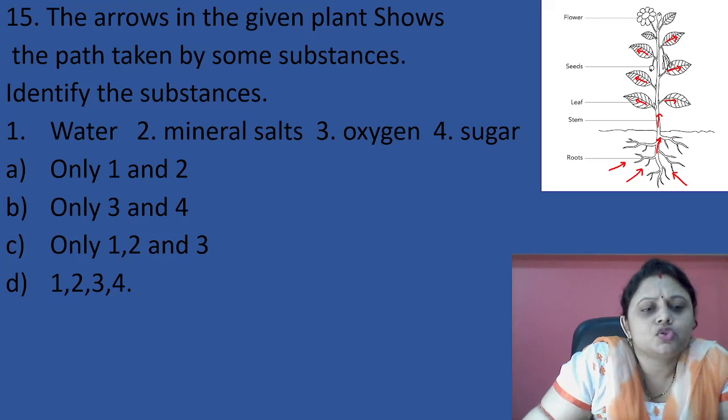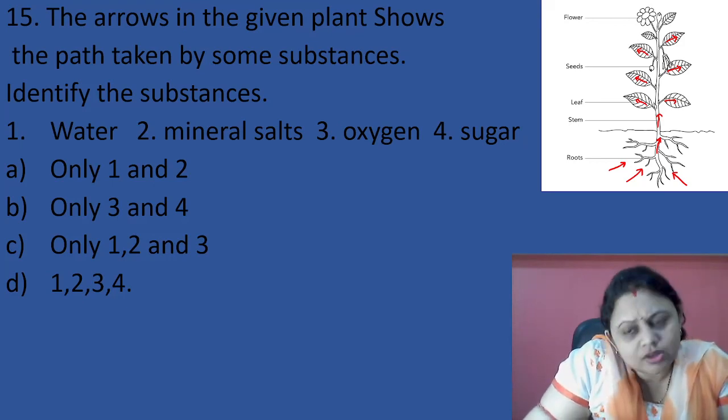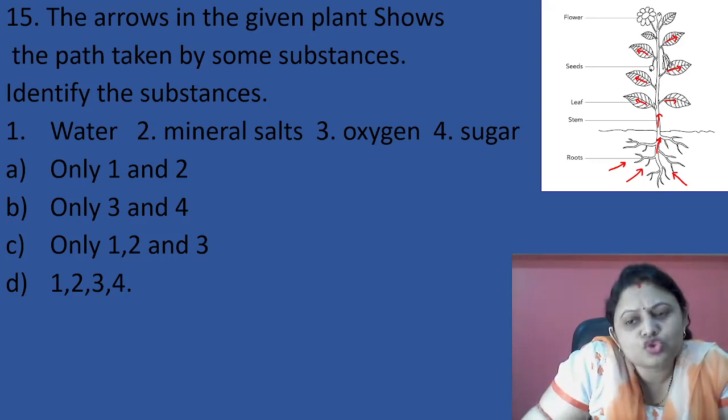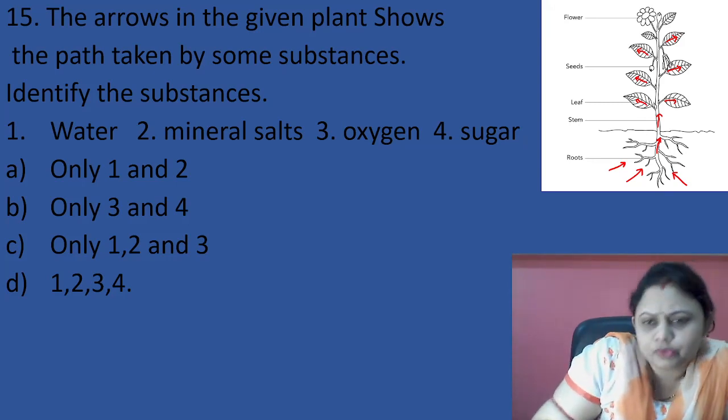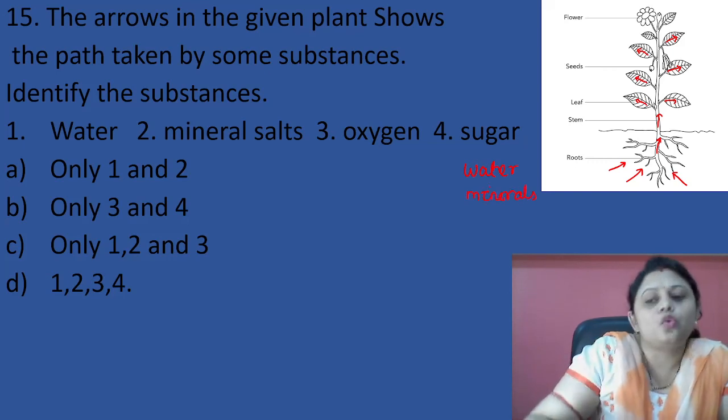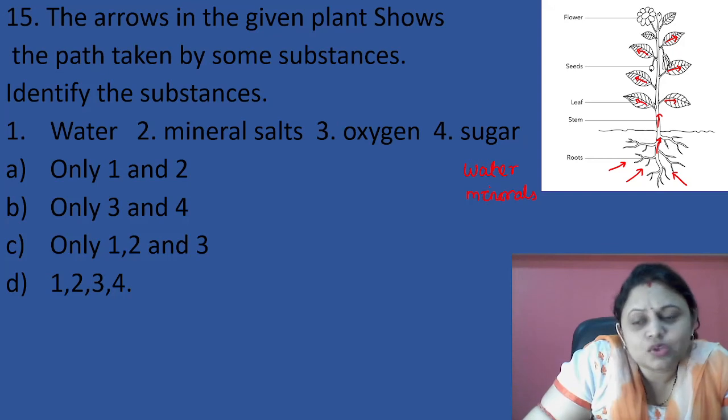Next question. The arrows in the given plant show the parts taken by some substances. So what is the correct option? Here you can see that something is going into the root and it is going to the upper side of the plant. So through roots, what does a plant usually take in? That is water. We know that the function of the root is that it collects water and minerals and supplies them to the whole plant. And there is no change of direction.